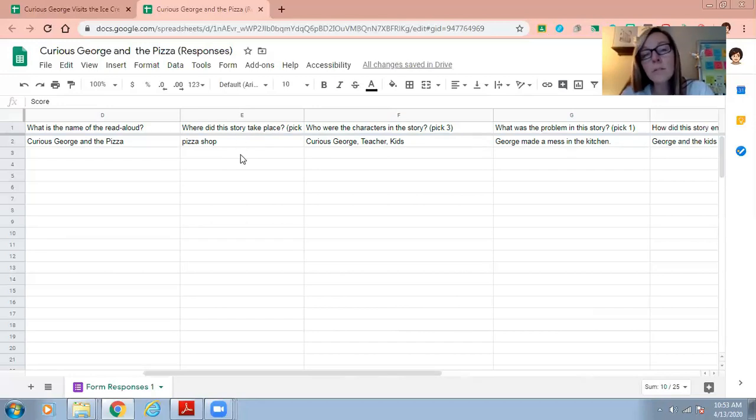And this kiddo generally reads on a level B, just for your information. So this Curious George is really, really higher level. Yeah. So that's good though that they were able to pick out some of these things.